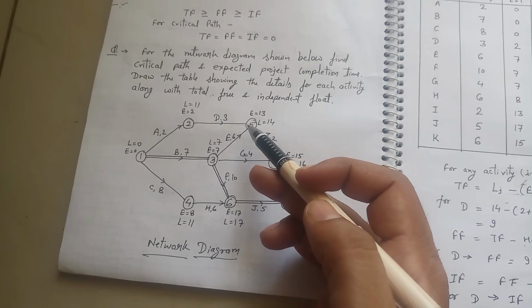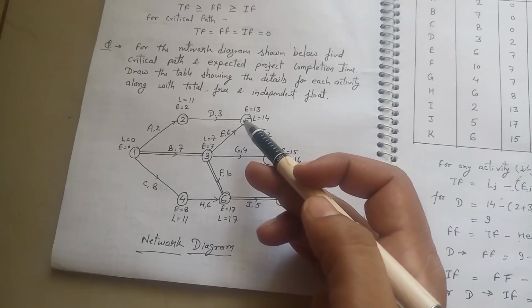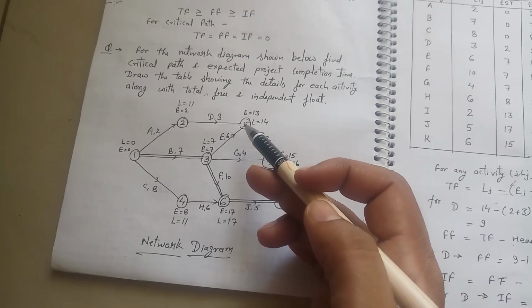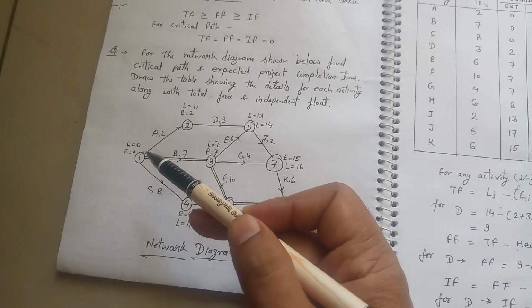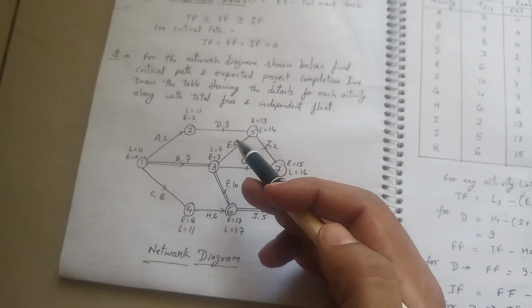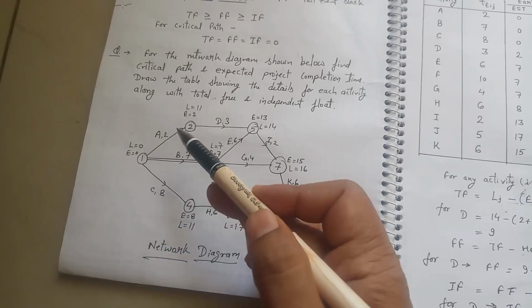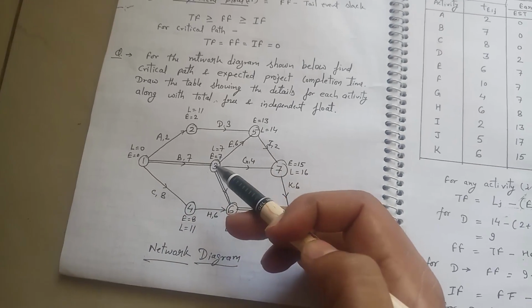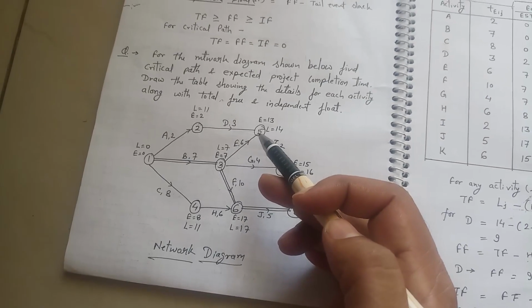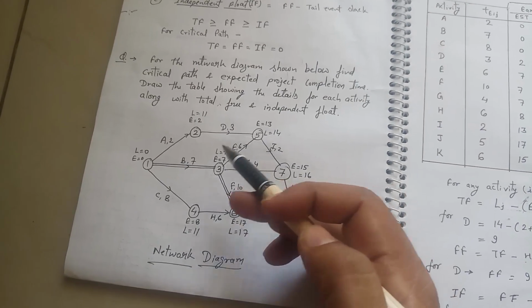Why? We have different paths. So we have to calculate the maximum time for this activity. We can go from 1 to 5 on this path, or we can go from 1 to 3, then 3 to 5. This is also a path from where we can go.